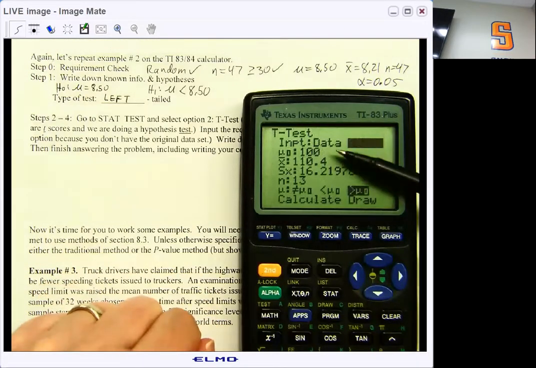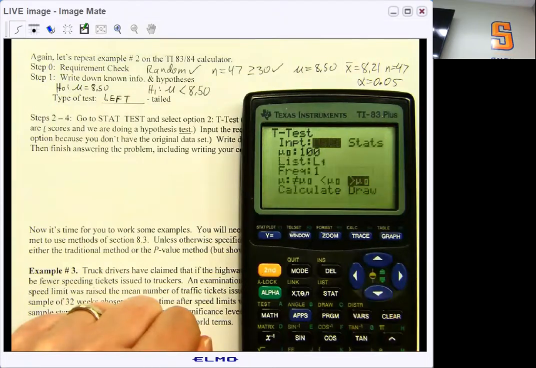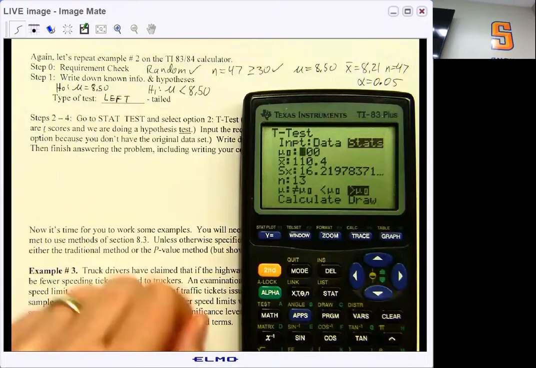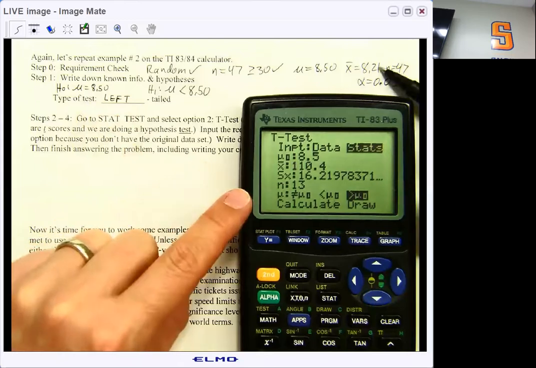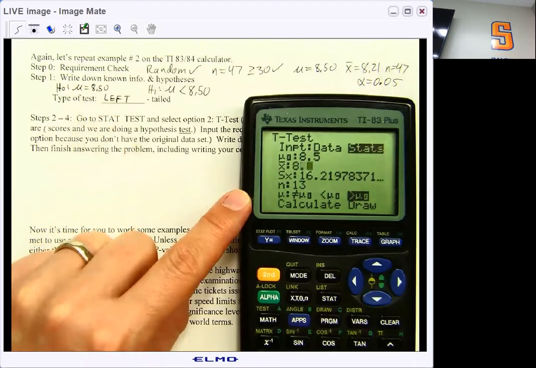Again, if I had the actual list of data, I would select the data option and then tell it where that list of data is, list 1, for example. But I don't, so we're going to go back in and readjust our numbers. So mu is 8.50. X bar, good thing we wrote it down, is 8.21.